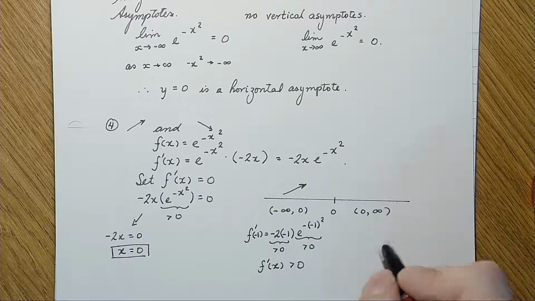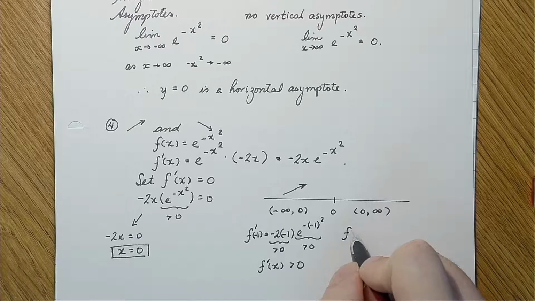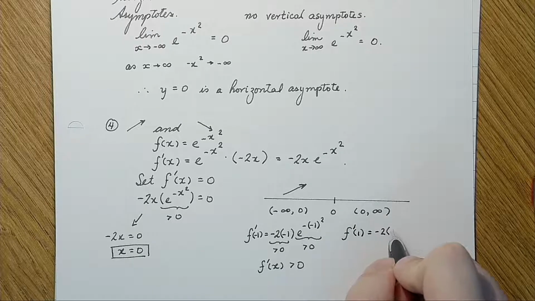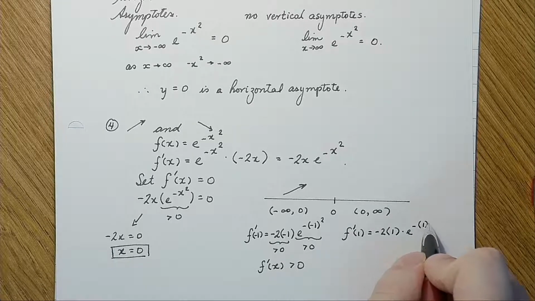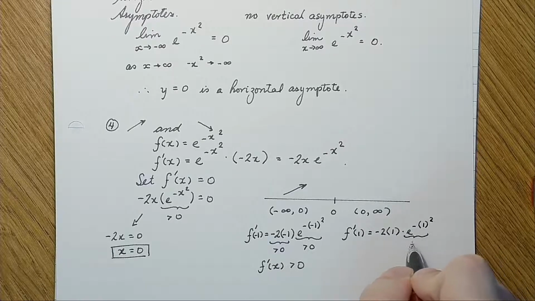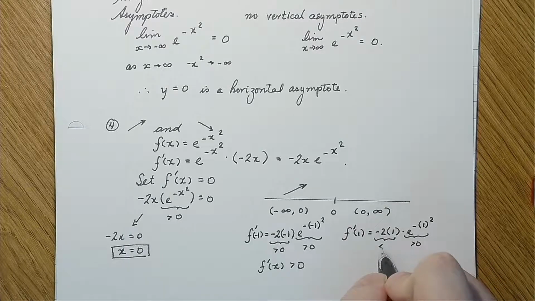And over on this side, I'll pick, say, 1. Minus 2 times 1 times e to the minus 1 squared. So again, this is still positive. I have a minus times a positive, so that's just negative.